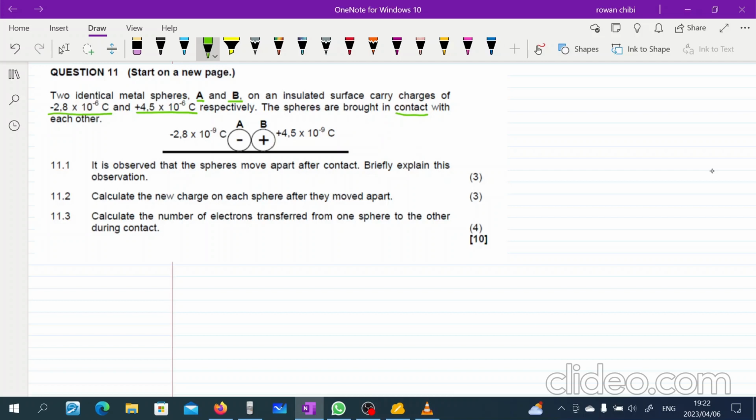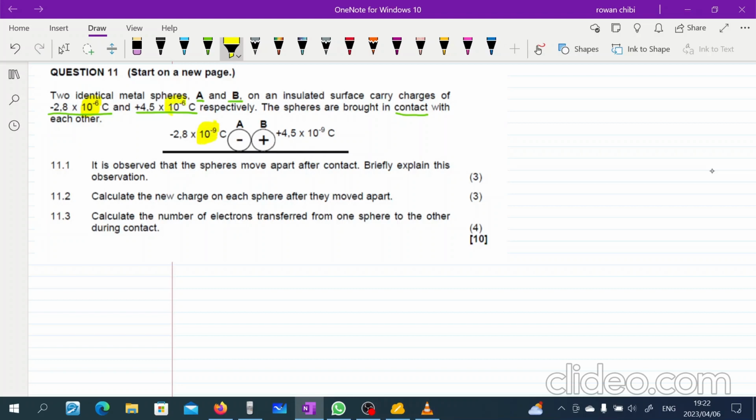Here you see now the diagram, but there is a mistake here. If you see here, they say it is negative 2 times 10 minus 6, but on the diagram we see negative 2,8 times 10 minus 9.